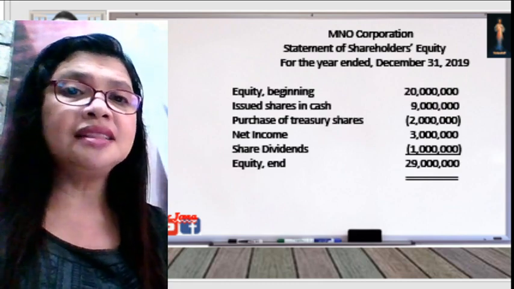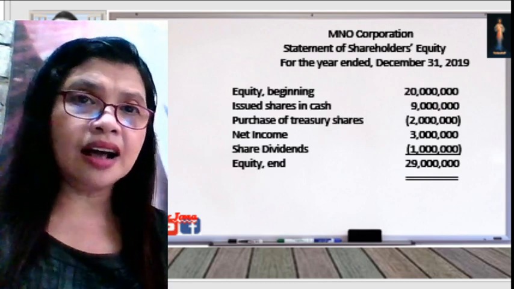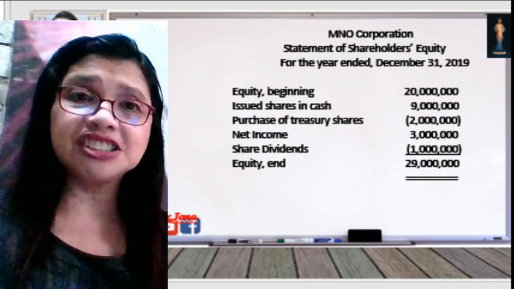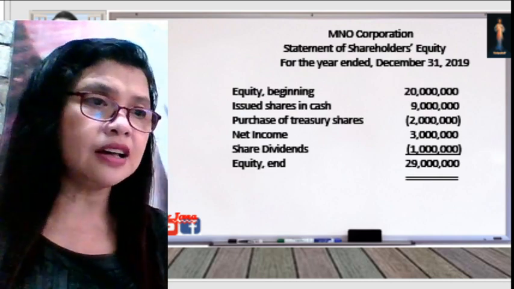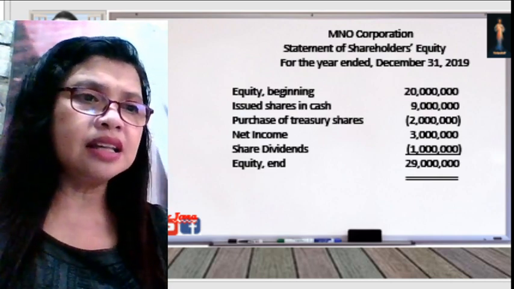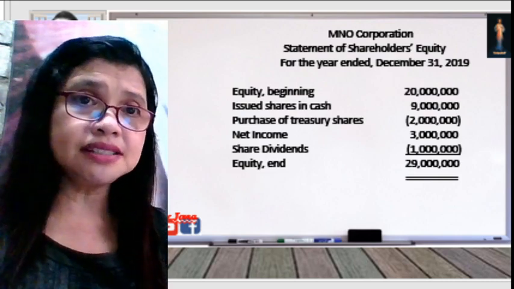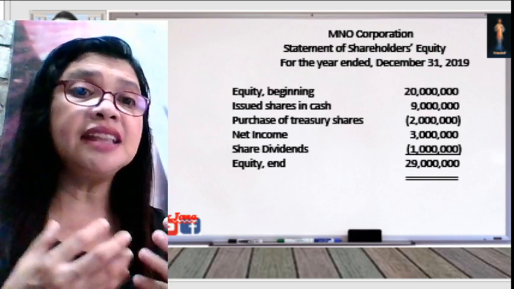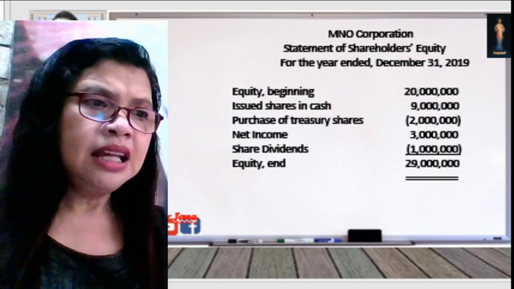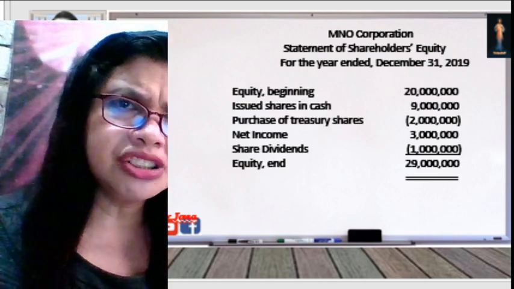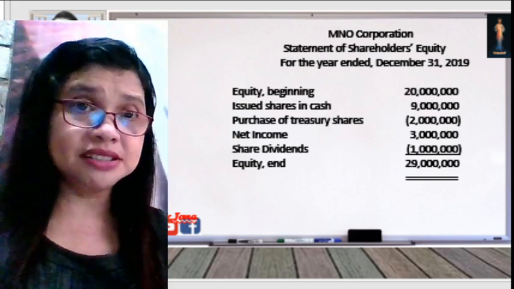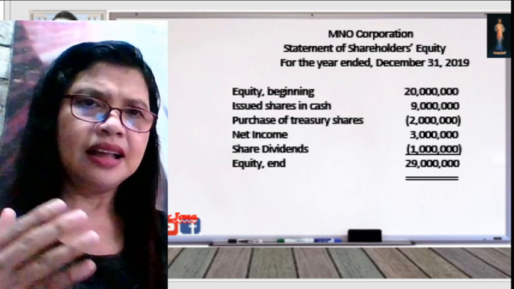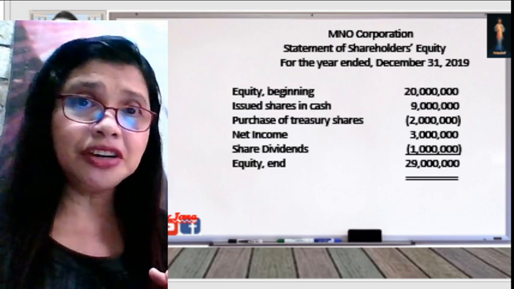Then we add the issued shares in cash. This is the outstanding stock that is in the hands of shareholders, which was purchased in cash. The issued shares of stock may be common stock or preferred stock, but it will be discussed later in your college years.